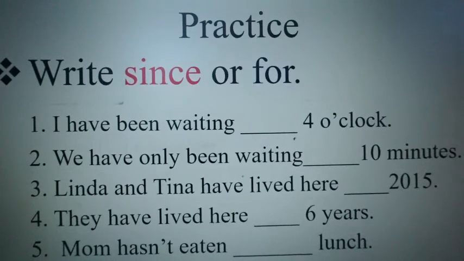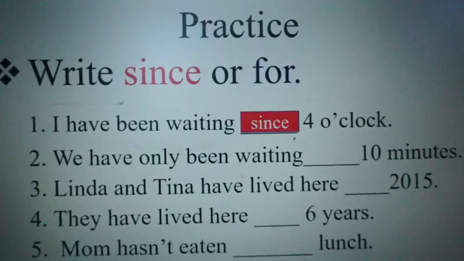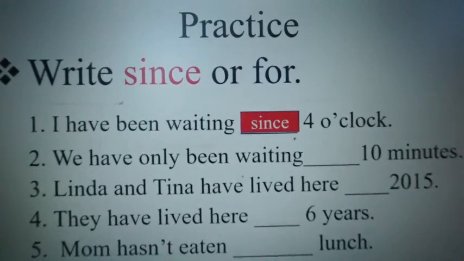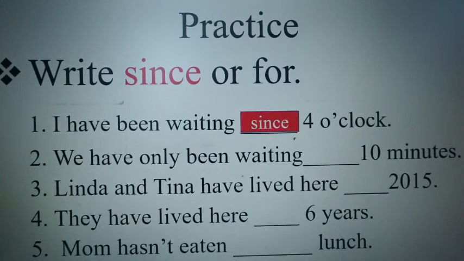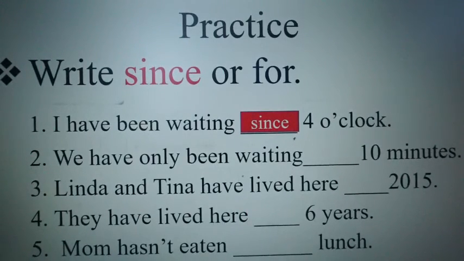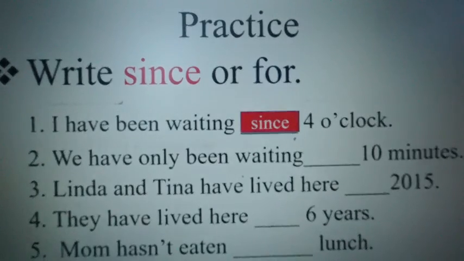Okay. Number one, "I have been waiting ___ 4 o'clock." So which one, since or for? "I have been waiting since 4 o'clock." We use since here because we want to know when we began waiting.